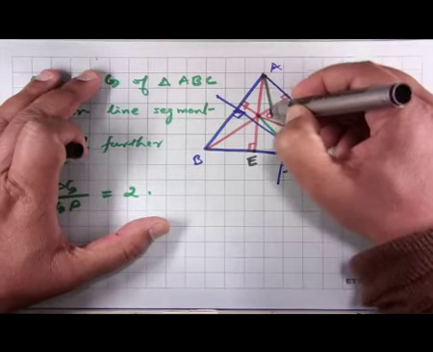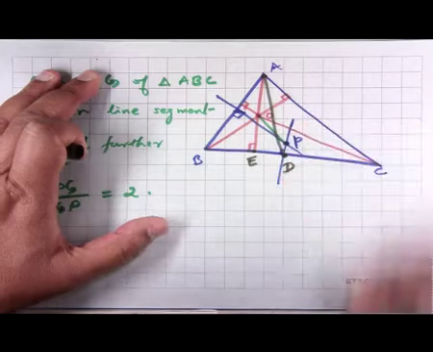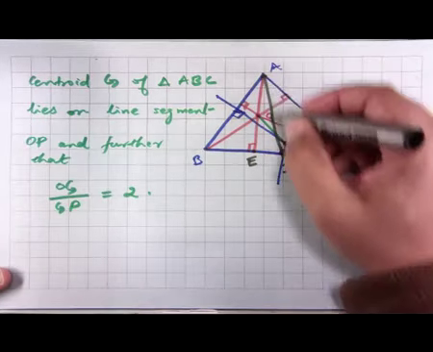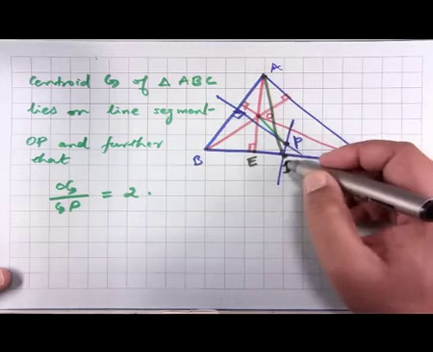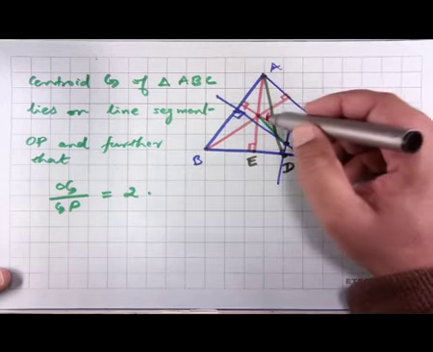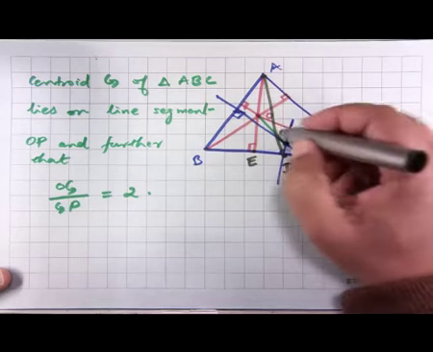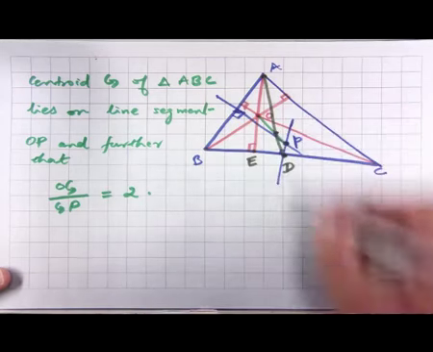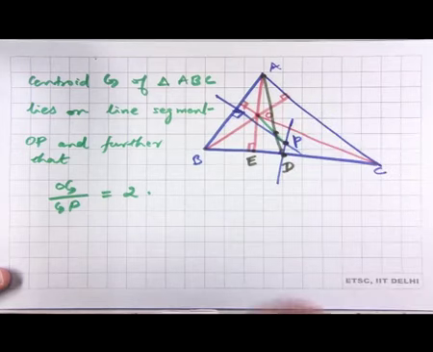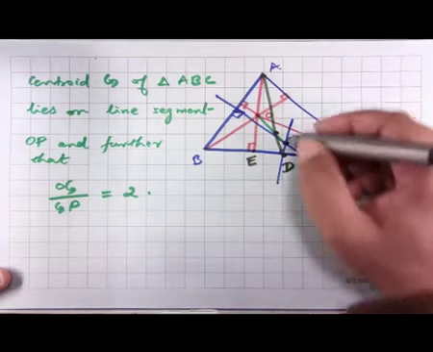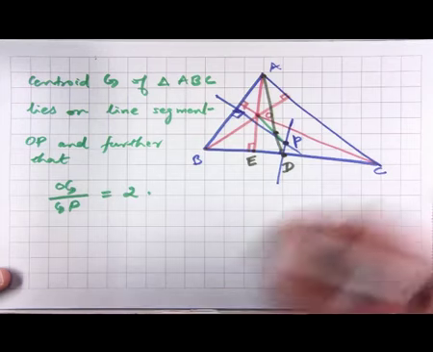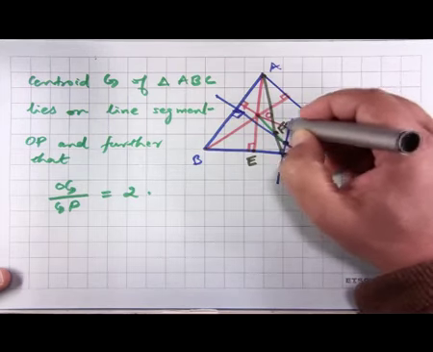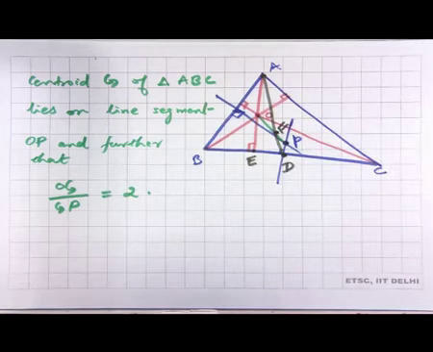So, we join A and D with a straight line, and obviously this straight line which I have drawn in black is going to intersect the line segment OP at some point over here. So, we will denote this point of intersection with the point F. So, this is point F over here for us.